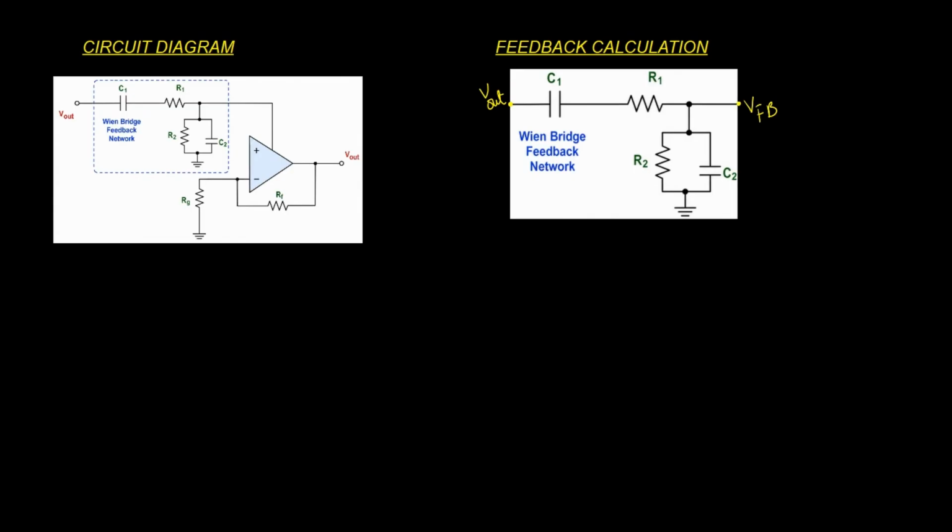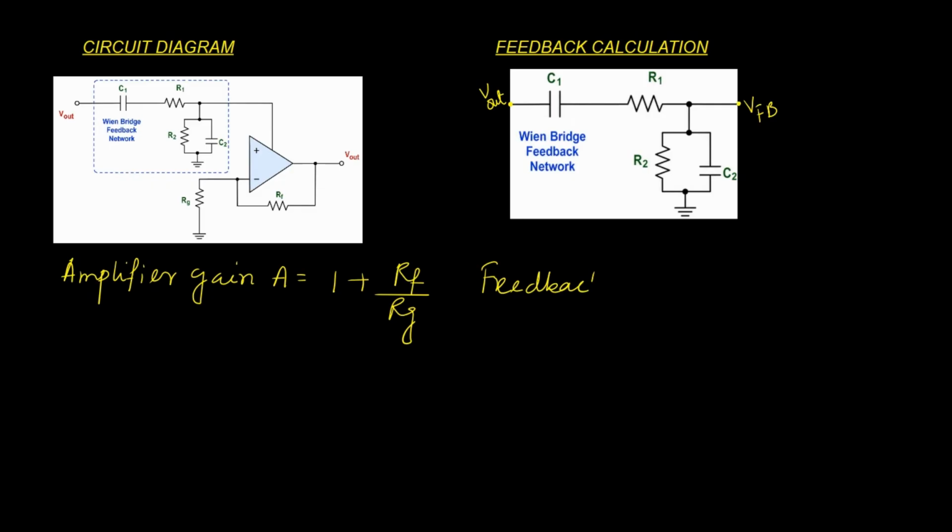So the amplifier gain A is equal to 1 plus RF by RG, right? And we know the feedback gain beta is equal to VFB by V out.